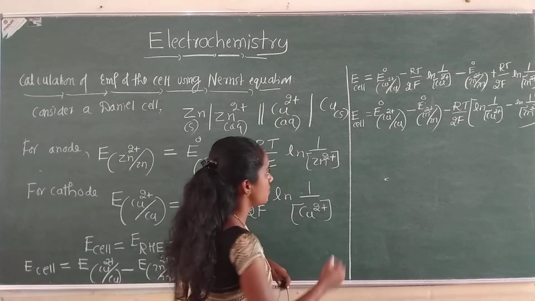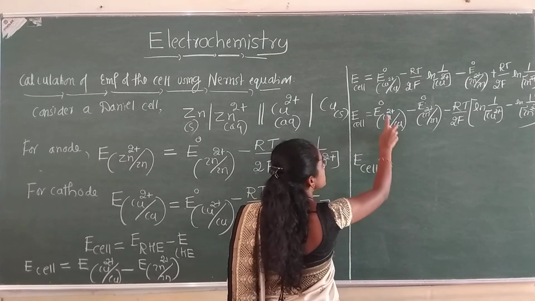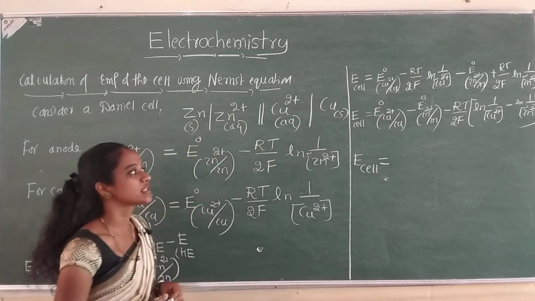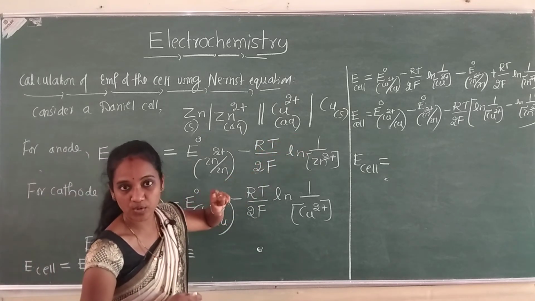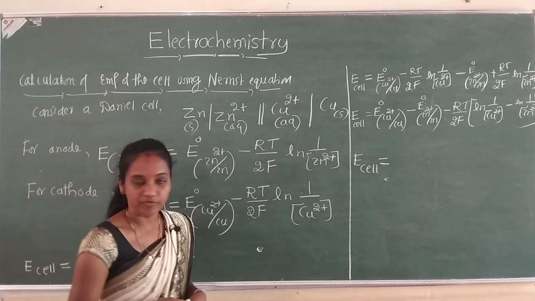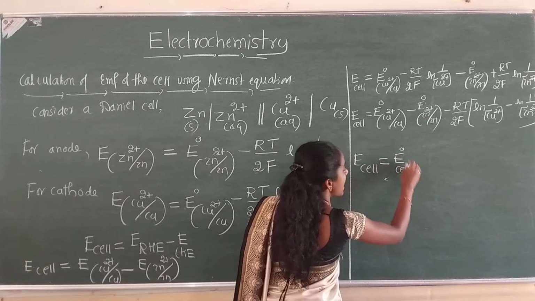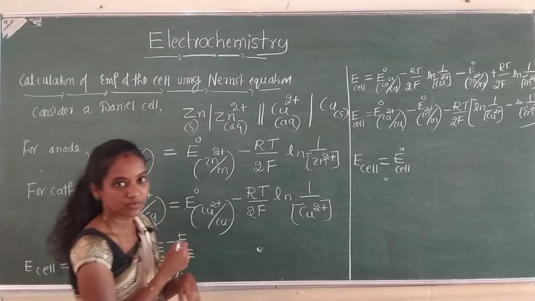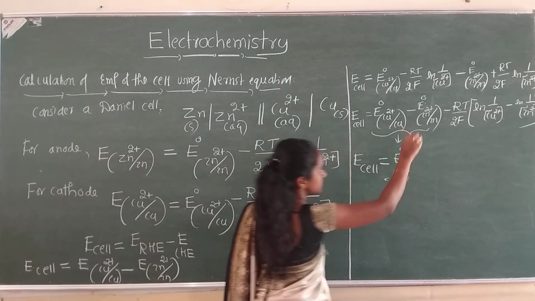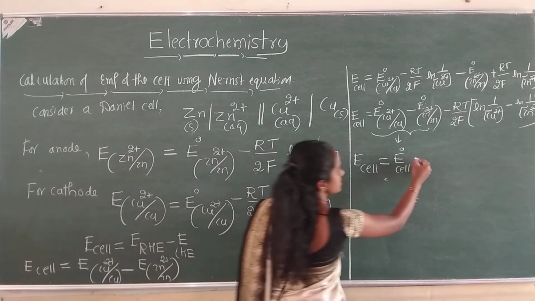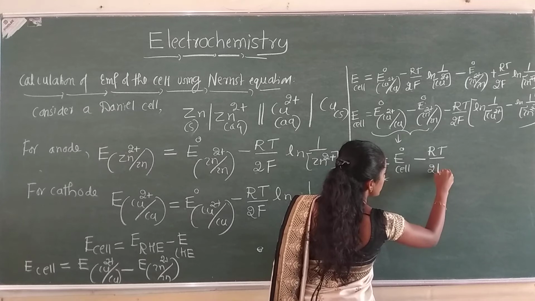Clear? Now E cell is equal to E naught of copper electrode minus E naught of zinc electrode. It is a difference in the electrode potential of cathode and anode, nothing but EMF, but it is E naught cell, the standard EMF of the cell, isn't it? So these two terms can be written like this, minus RT divided by 2F.